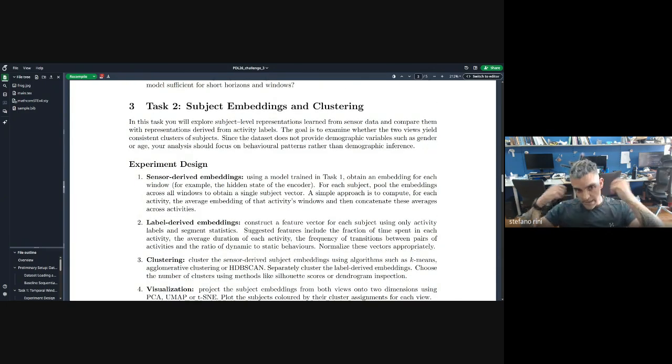Then try to derive embeddings. As we saw in the presentation today, embeddings are very, very important. If you take raw data, you can pre-process it into a vector representation that you can use for downstream tasks. Remember that in challenge 1 or challenge 2 you did contrastive learning to create embeddings for MNIST.